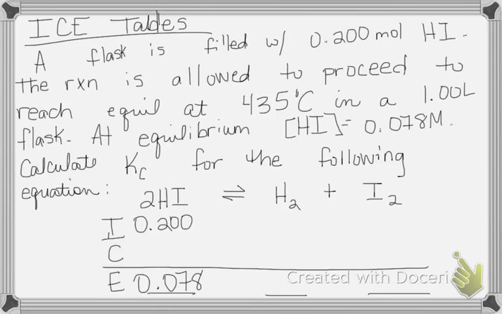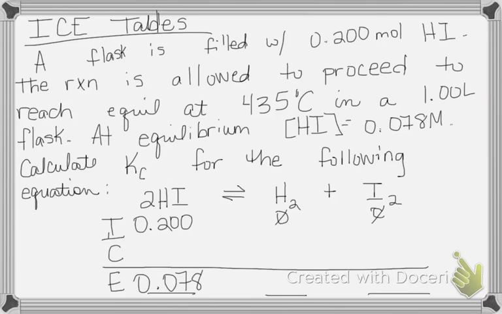First of all, if the problem tells you you're starting with 0.2 moles of HI and it doesn't tell you anything about the hydrogen or the iodine, then you get to assume that initially there's none of those present. If I know I start with 0.2 HI and I end with 0.078 HI, can I figure out how much that changed?